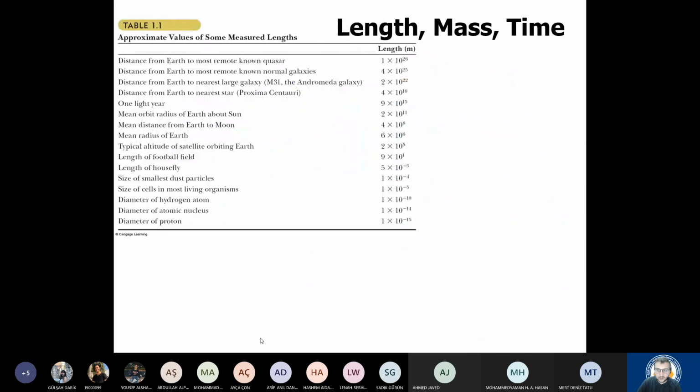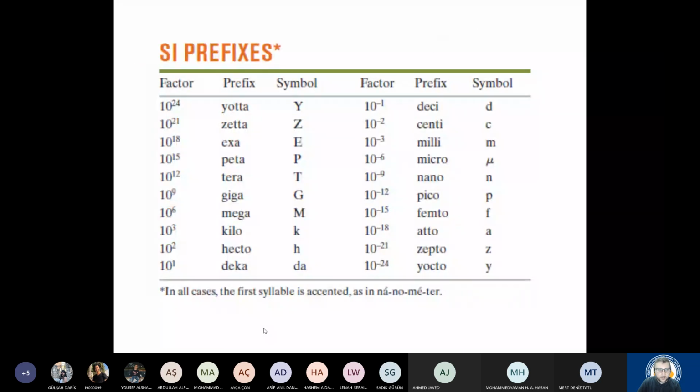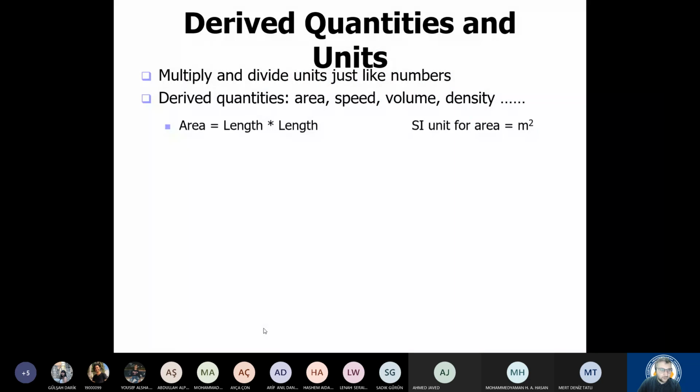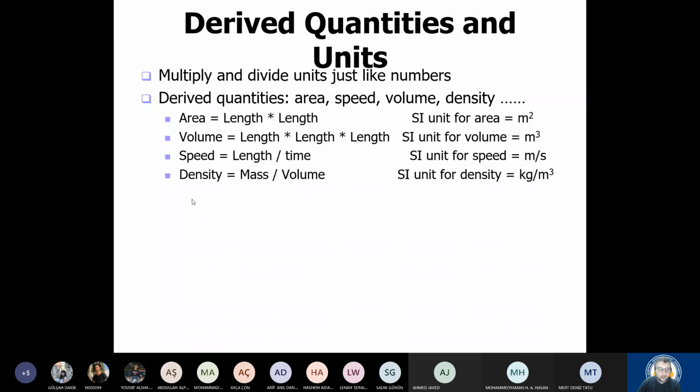Yes, we mentioned these things. Another important thing is prefixes for the SI units. We use these prefixes, and we can make conversions between them. For derived quantities, you can give examples such as area, volume, speed. For example, speed is derived by using length and time.